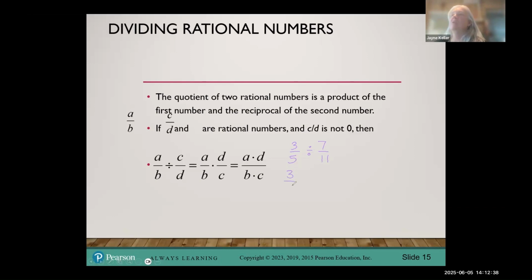I'm still working with 3/5, but instead of dividing by 7/11, I'm going to multiply by the reciprocal, which is the number that I get when I switch the numerator and the denominator. And now this is just multiplication. So 3 times 11 and 5 times 7. That's 33 over 35. And that doesn't simplify, so I'm done.